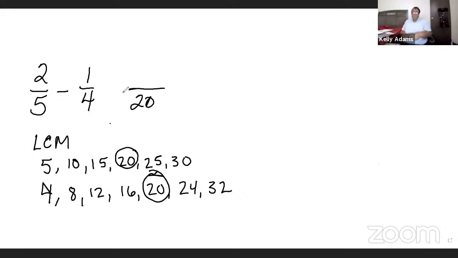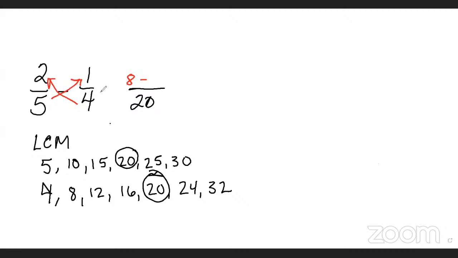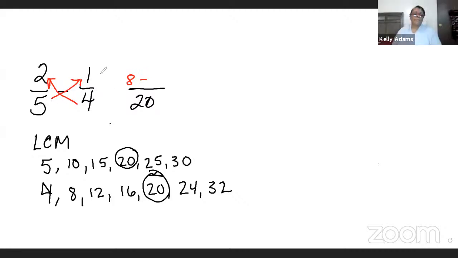All right, so moving on. 4 times 2 is 8, minus 5 times 1, 5. Because we know 5 times 4 is 20, and they got 20 in common.